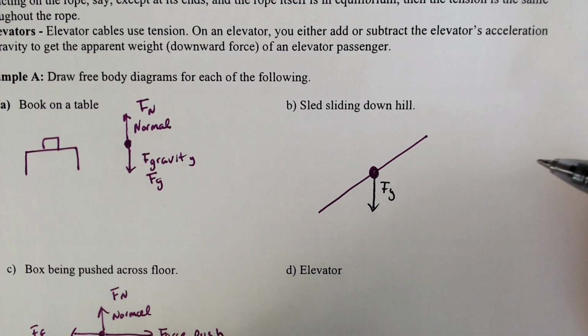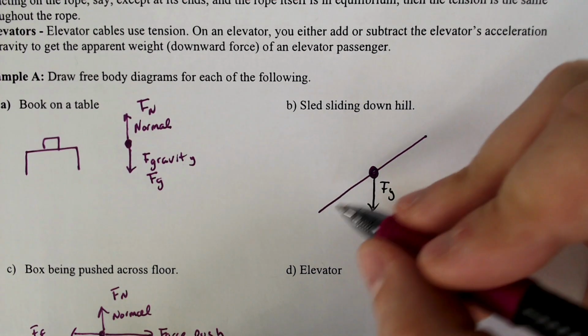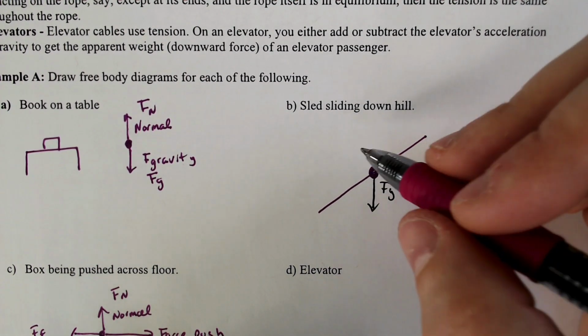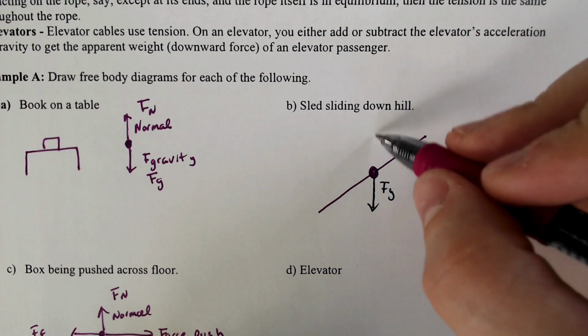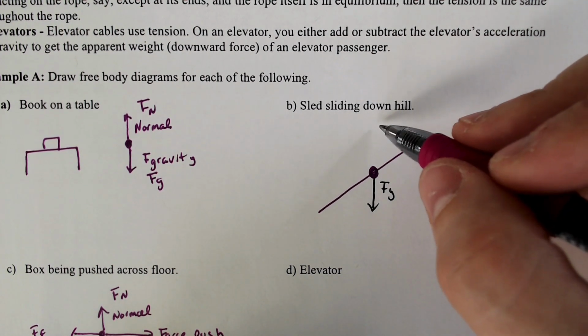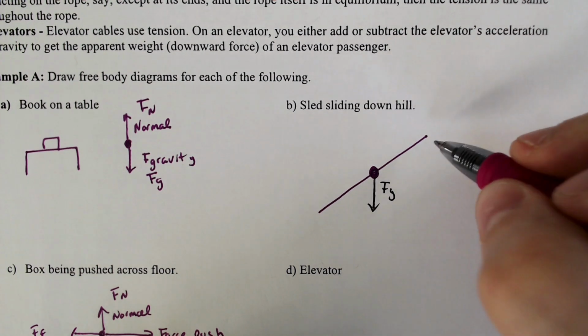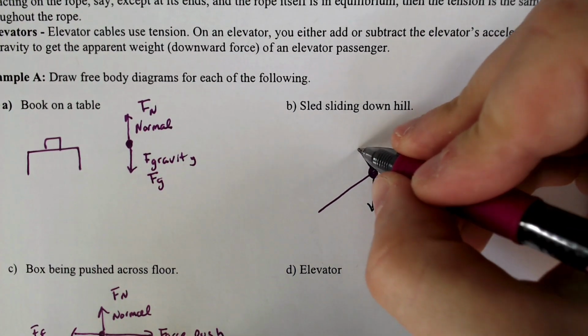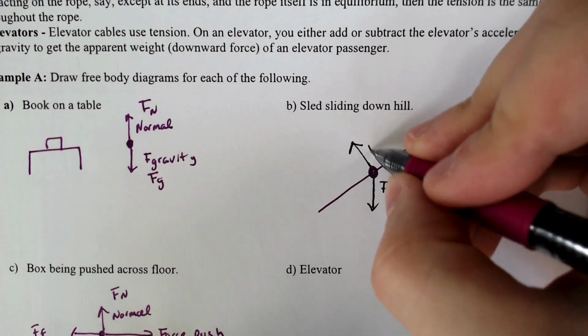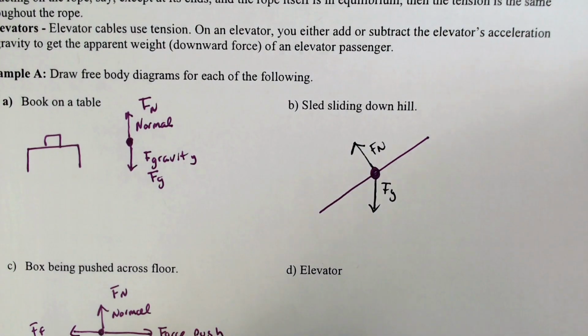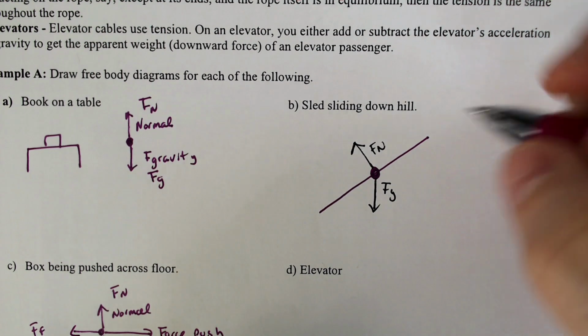What is keeping this sled adhered to the ground, which is a hill in this case, is the normal force. Well, the normal force is not straight up this time, because if it were straight up, that would not be keeping it necessarily perfectly on this hill. It is going to be always, always, always perpendicular to the surface in which you are dealing with.